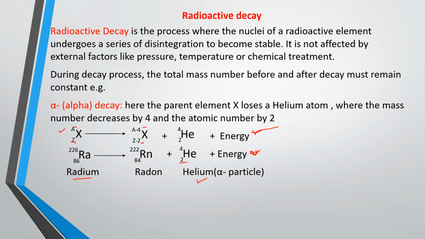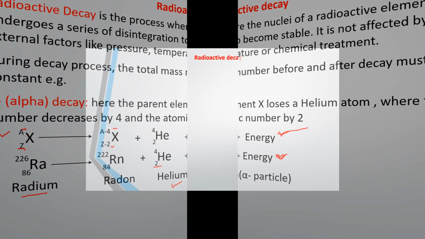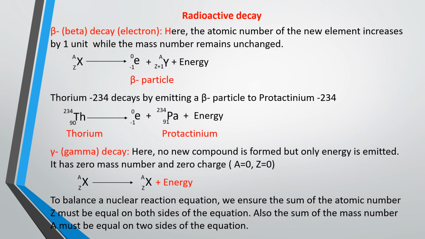So let's look at another decay, beta decay. Just like in alpha decay, in beta decay the atomic number of the new element will increase by 1, while the mass number remains the same, because what the element is releasing is an electron.